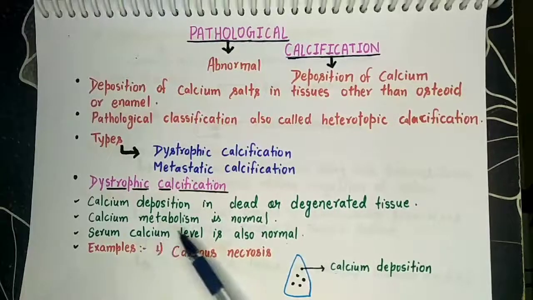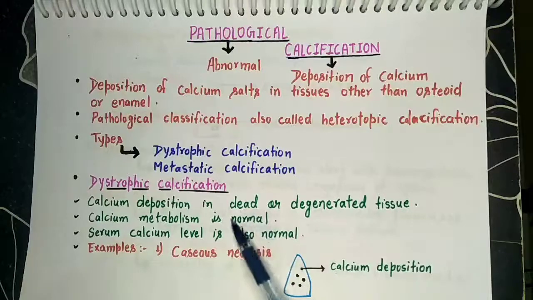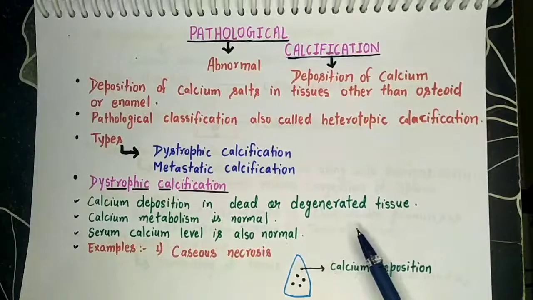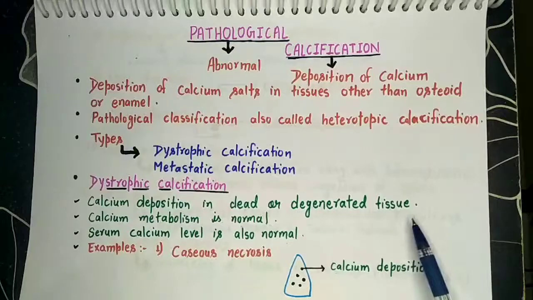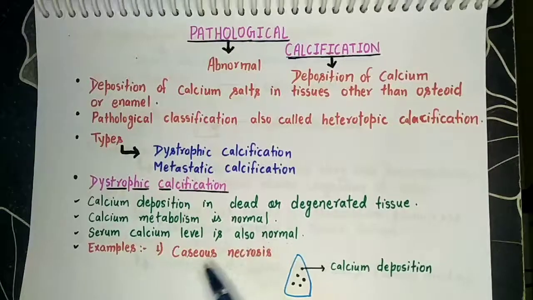Otherwise, calcium metabolism and serum calcium level of our body in case of dystrophic calcification remain normal. Only problem is in the tissue, that is the tissue is degenerated and that will form a favorable site for the deposition of calcium and cause dystrophic calcification.